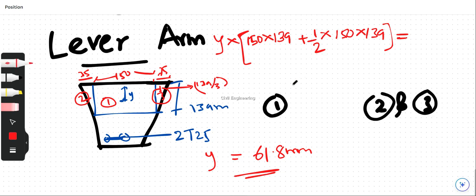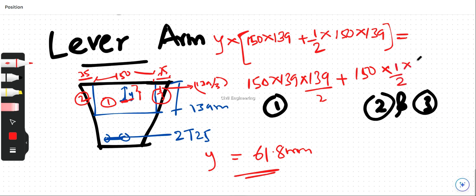For 1 it is 150 over 139 into 139 over 2. It means the centroid of this rectangular section is 139 over 2, plus 150. Here 150 means the sum of this 75 into 75 and 75 into half into 139 into 139 over 3.